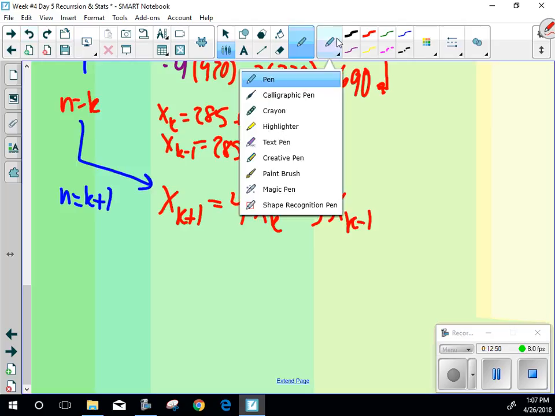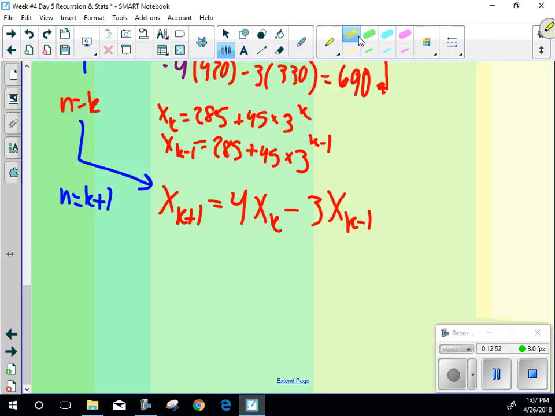Then you're going to substitute. Take your yellow, substitute it in here. Take this blue, substitute it in here, and we'll find out what x of k plus 1 is. Here goes.